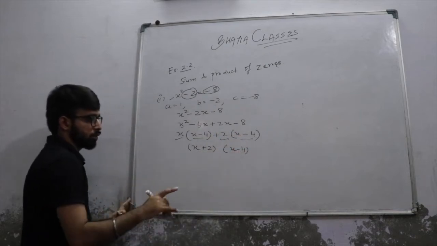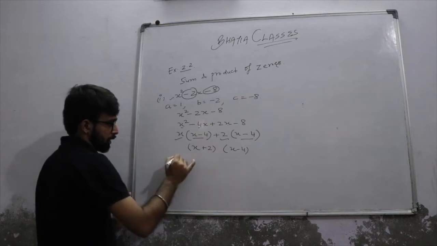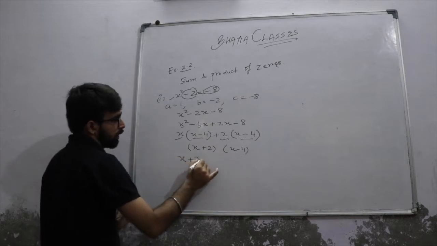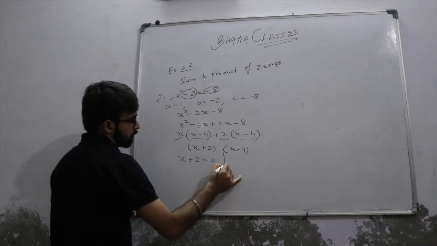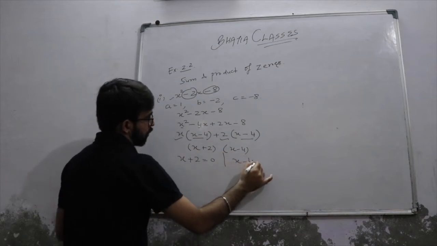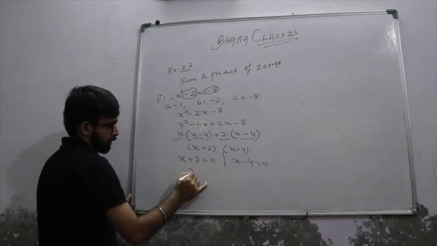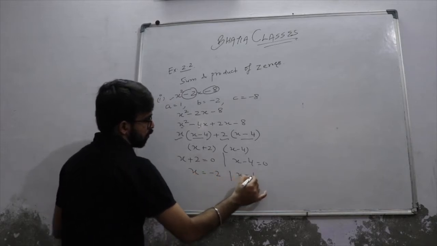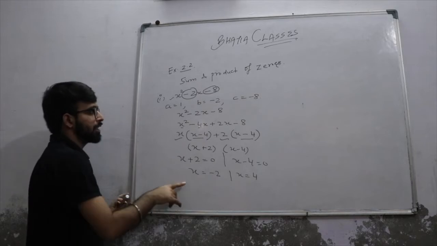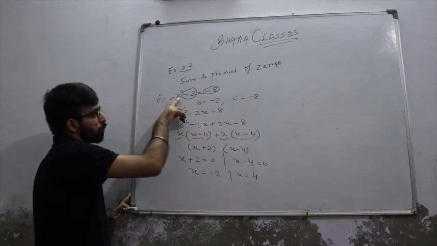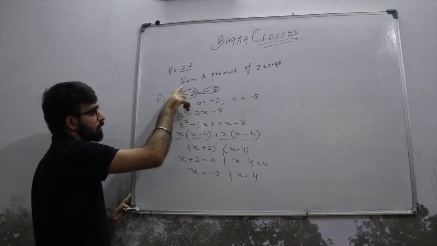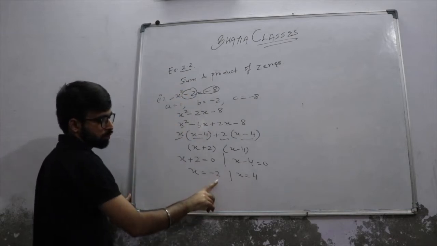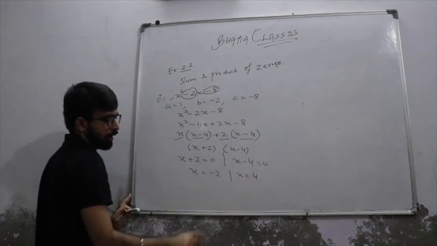To find the zeros, you have to put these brackets equal to 0. x plus 2 equal to 0 and x minus 4 equal to 0. x is equal to minus 2 and x is equal to 4. You can see the highest power, or degree, of x is 2. Therefore, you also get 2 zeros of x.